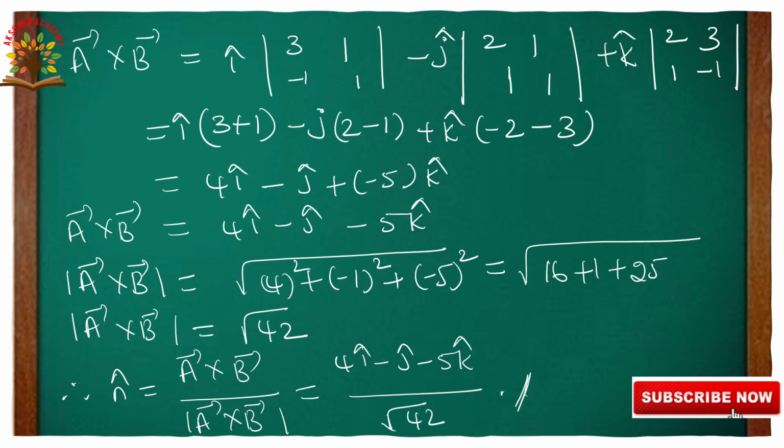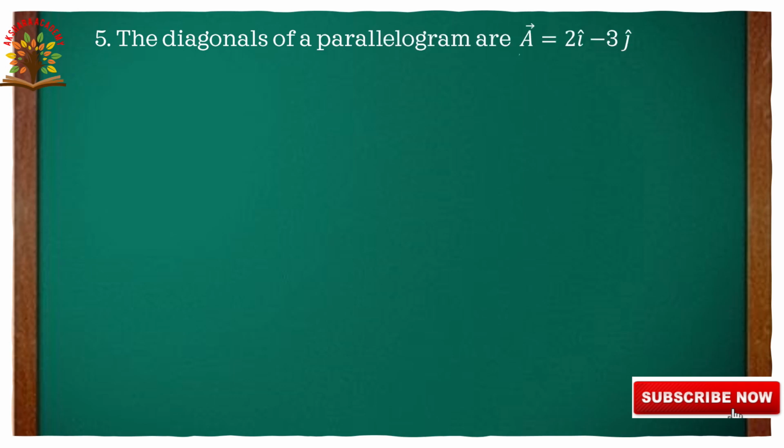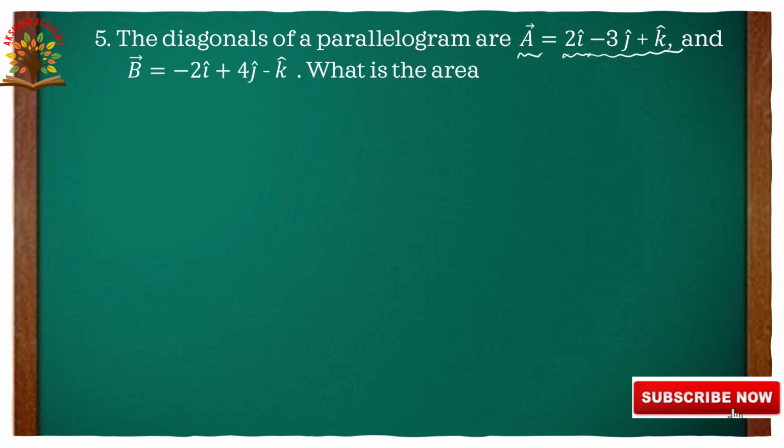Okay. Next we will go to the next question, the fifth one. The diagonals of a parallelogram are a bar equal to 2i cap minus 3j cap plus k cap and b bar equal to minus 2i cap plus 4j cap minus k cap. What is the area of the parallelogram?